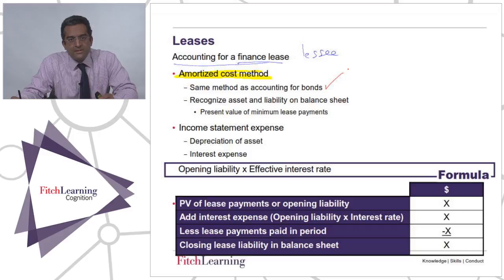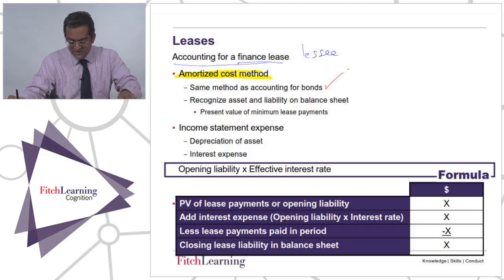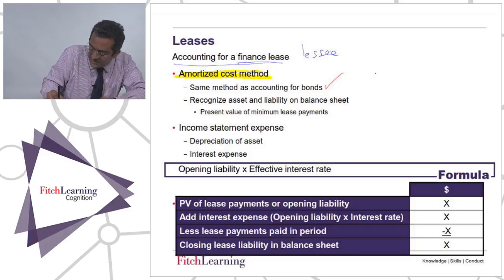Recognizing the asset and liability on the balance sheet. Now, as we've said, from a lessee's perspective, we are going to have the combination of an asset. We are going to have, of course, the lease payable.